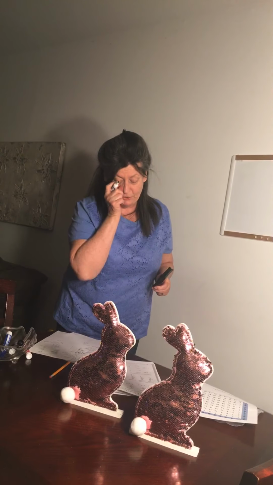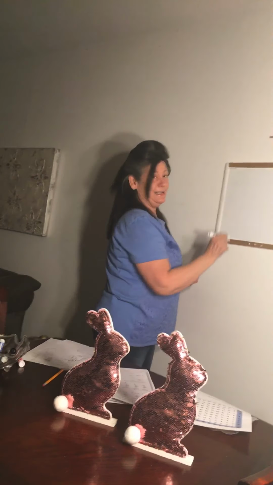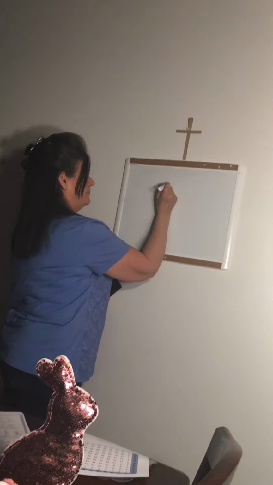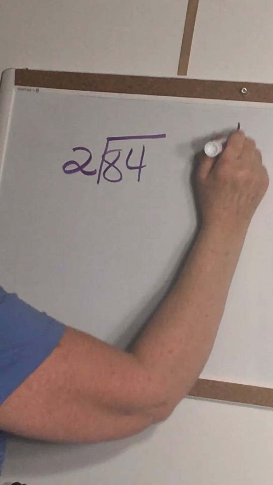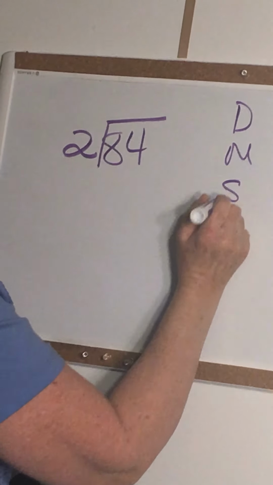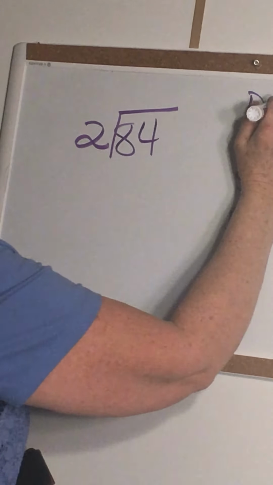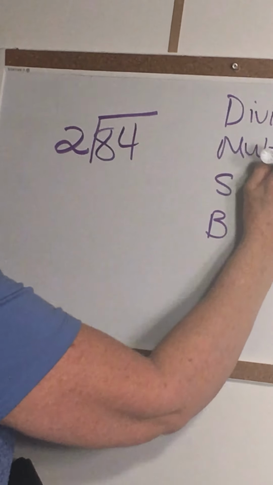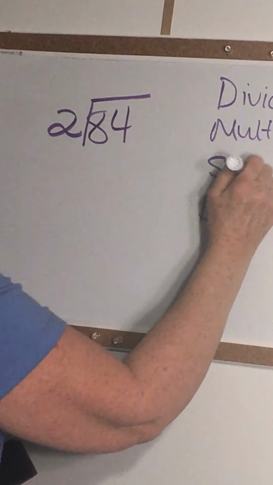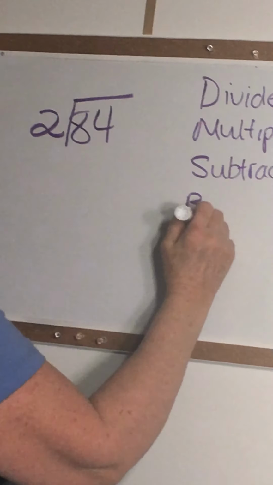Okay, so now we're going to take 84 divided by 2. Divide, multiply, subtract, bring down.